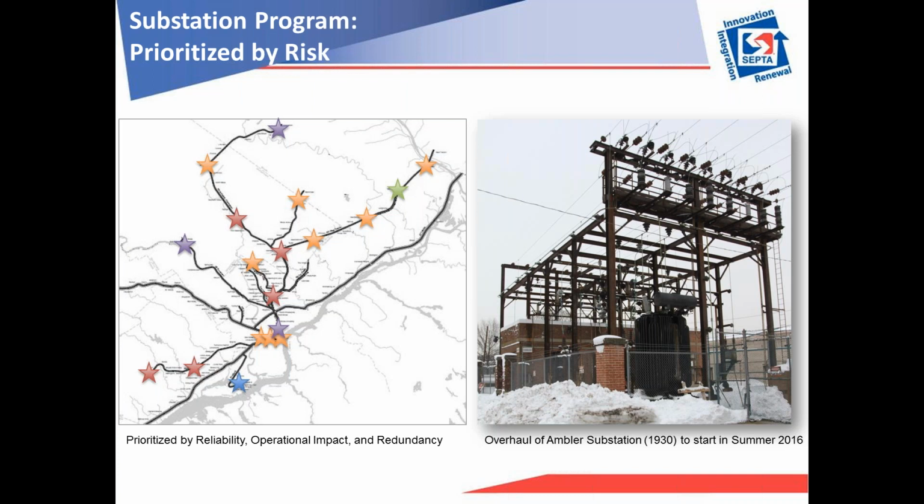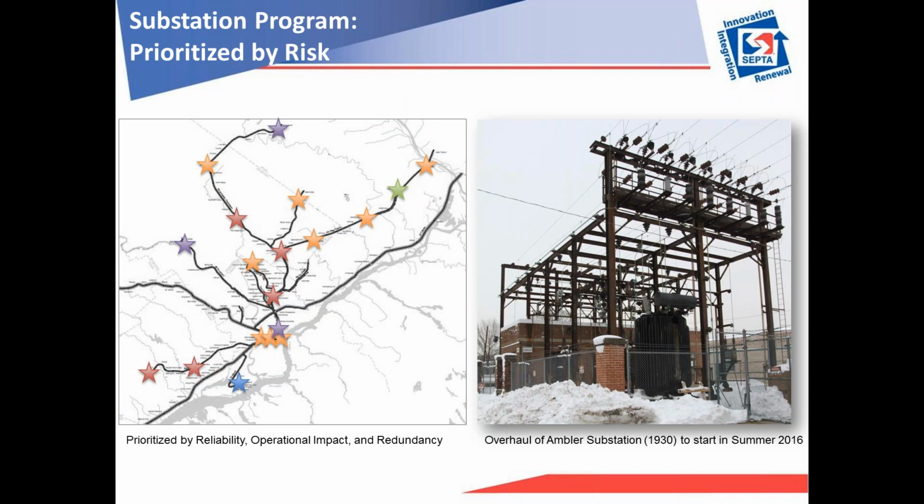We talk about data, we talk about having a backlog. We also use the data in order to figure out when you prioritize doing some of these things. You know, all of them are old. On the right-hand side of the screen, I'm showing a picture of one of our vintage 1930 traction power substations.